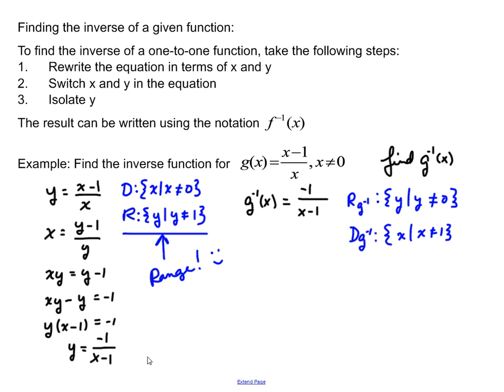Right? The way that we do it is, if we want to find the range of a given function, we find the domain of its inverse. Let me write that out.